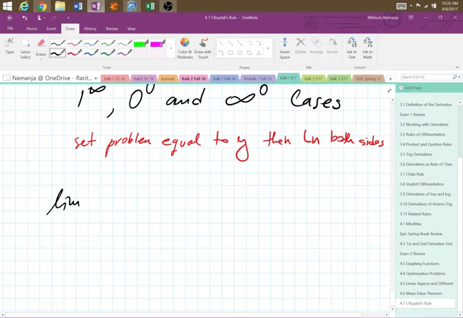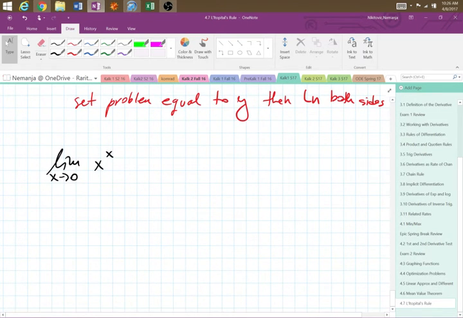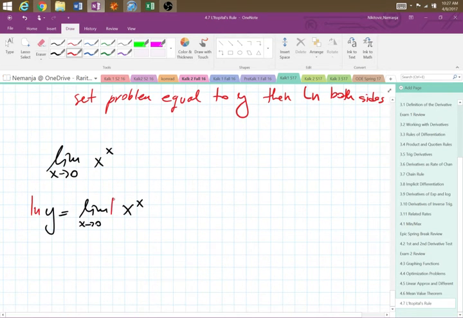Say limit x goes to 0, x raised to x. Now this is the 0 raised to the 0 case. So the procedure says that you are supposed to set this problem equal to y and then ln both sides. Now you can put ln directly inside the limit.